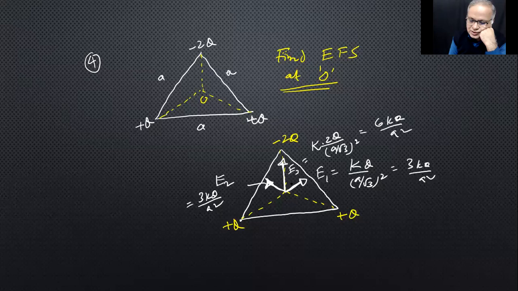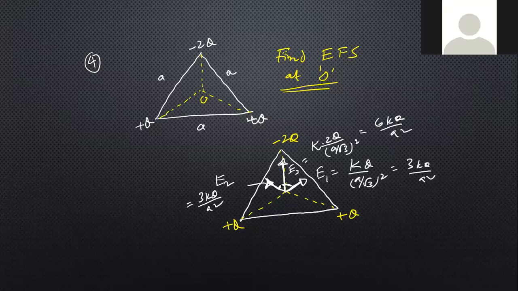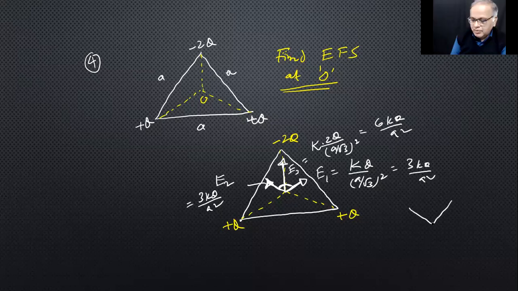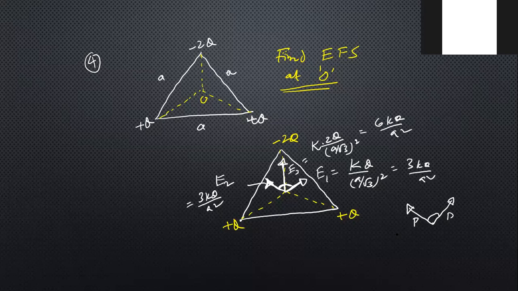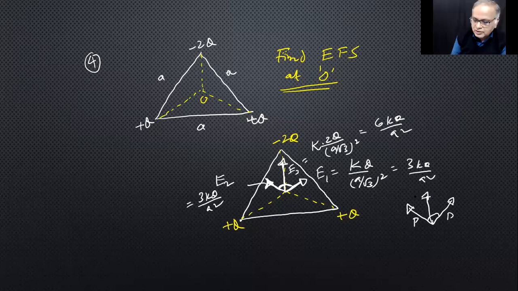Now, what is the sum of these two with angle 120? P and P make an angle 120. Two vectors of magnitude P each. What will be the resultant? Same, so 3KQ by A square. So same P, right?